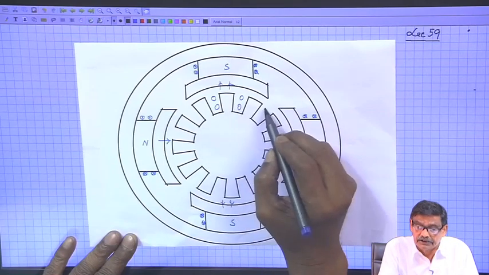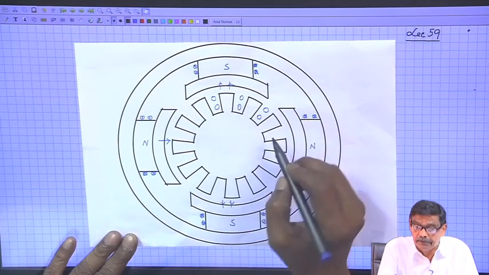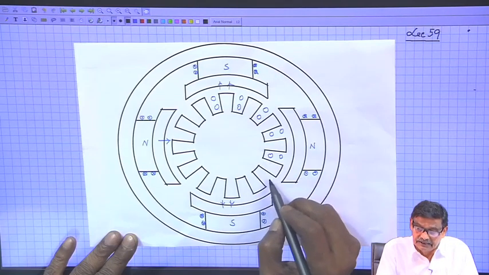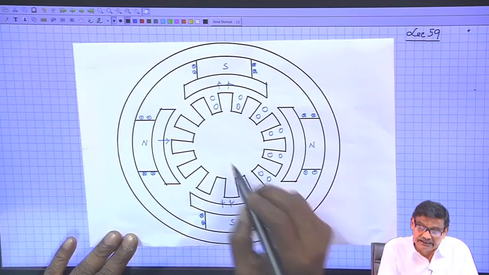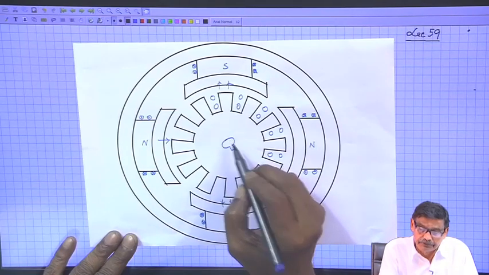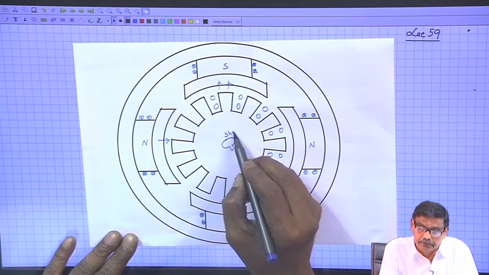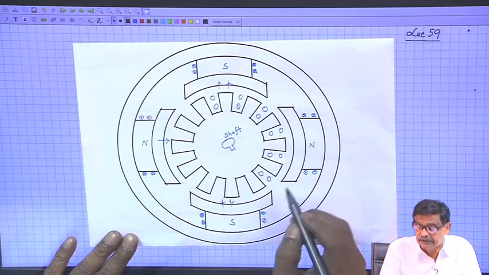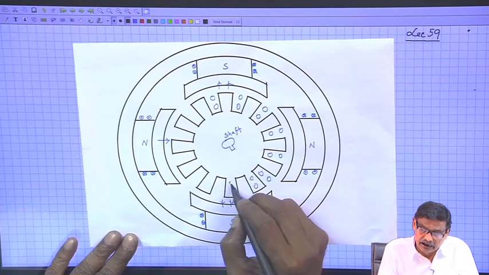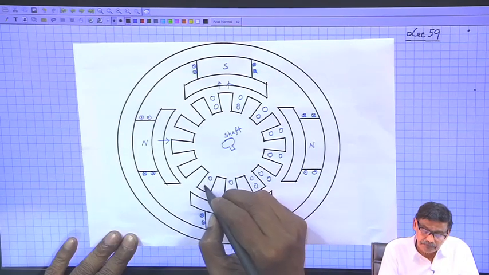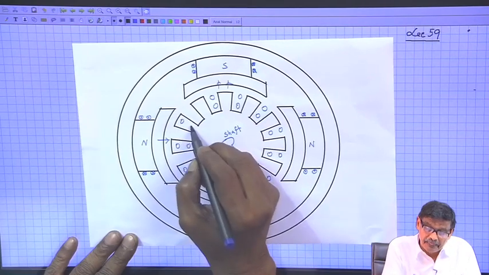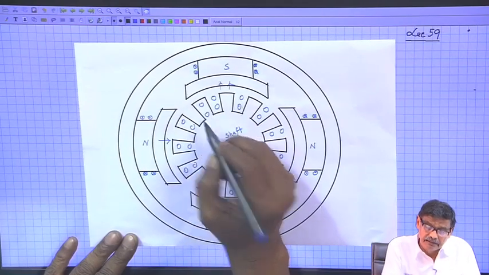So, these conductors will be placed in the slots of the rotor. This structure is the rotor. There will be a shaft here, a shaft with a key, perpendicular to the paper. This is made of iron, and these are called armature conductors.